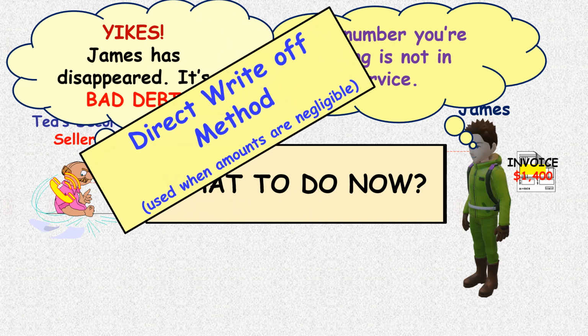One of the methods is what we call the direct write-off method. Businesses use this method when the amounts are small, negligible compared to the size of the company, and if bad debts are not a regular part of the business.